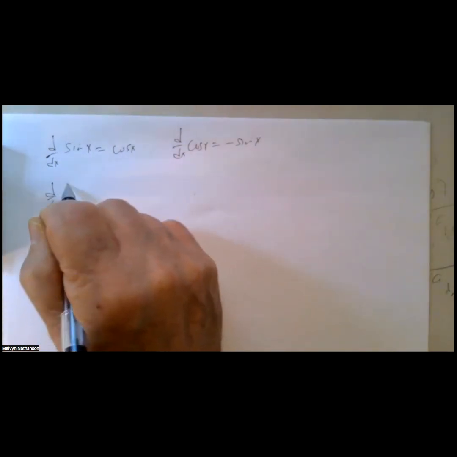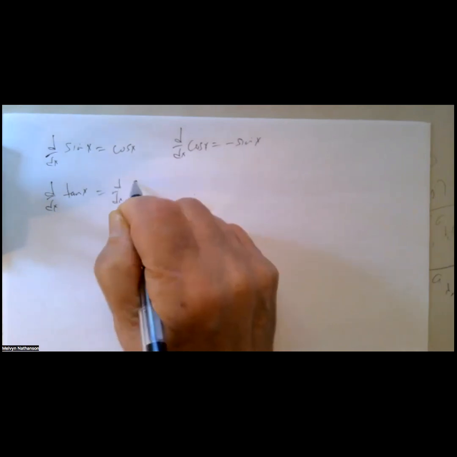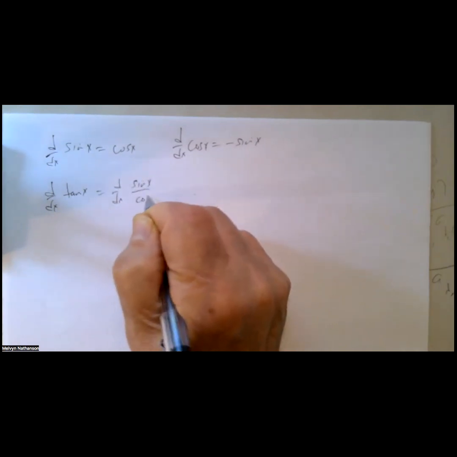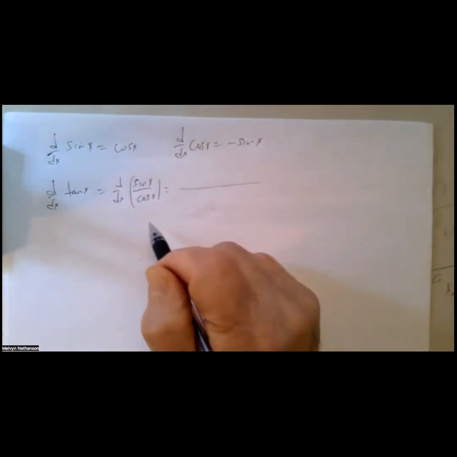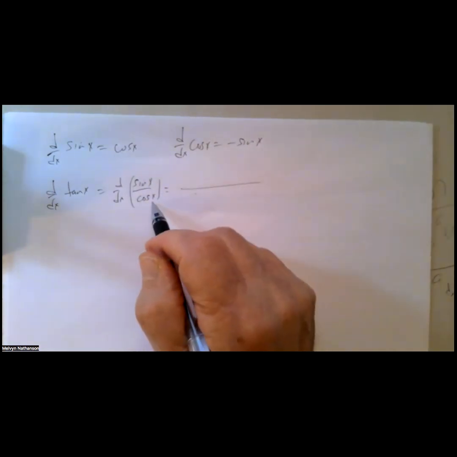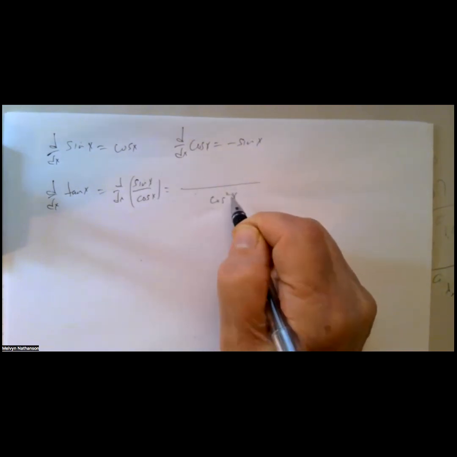For example, what's the derivative of the tangent? Well, the tangent is sine over cosine, and we can use the quotient rule to find this. Cosine x, in the denominator, we square it.